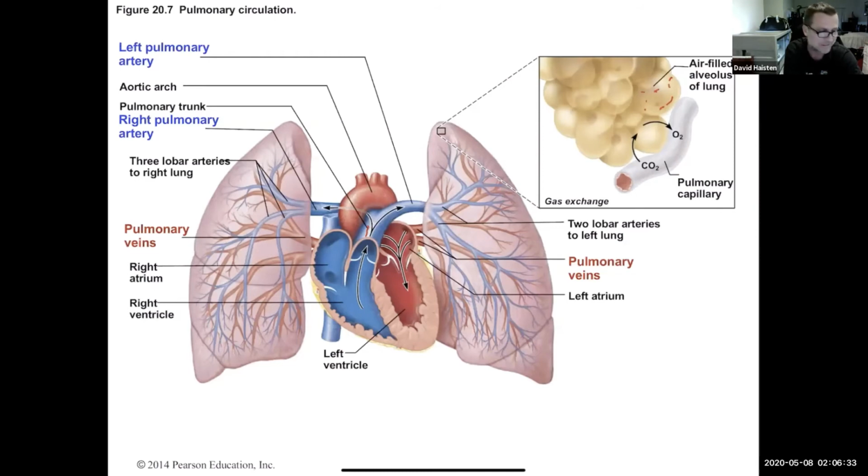Carbon dioxide out, oxygen in. Then they're going to converge into precapillary venules, pulmonary venules, finally into the pulmonary veins, which are going to be red. Left superior, left inferior pulmonary veins. Right superior, right inferior pulmonary veins.